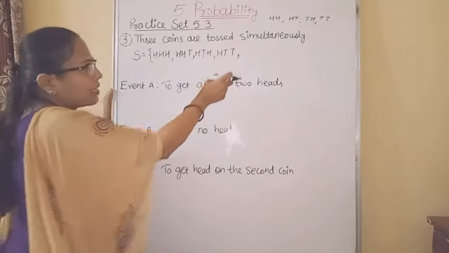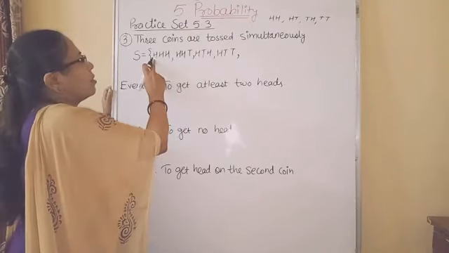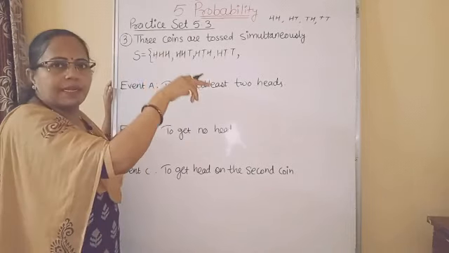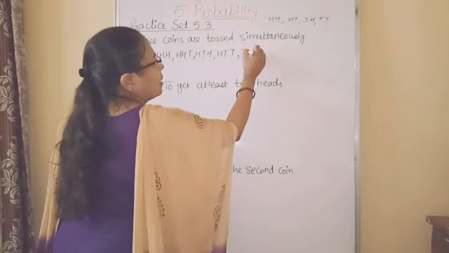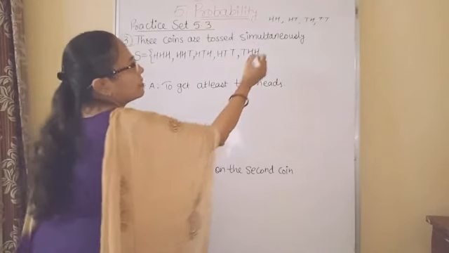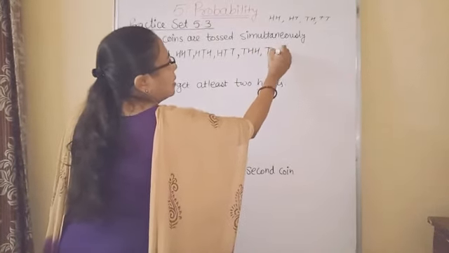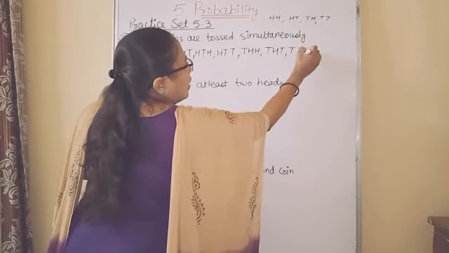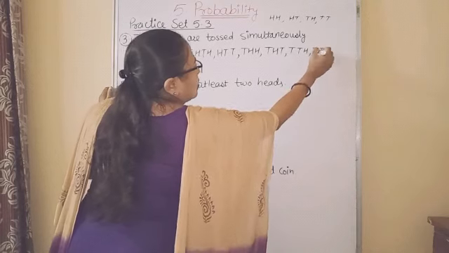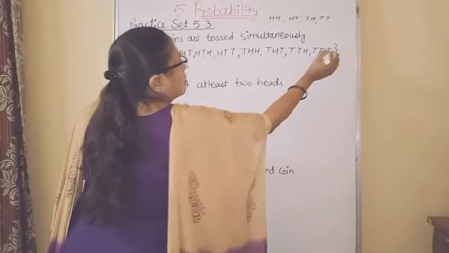Now the same results again we have to carry. Instead of H, we have to write T there. So the first result we will get THH. Second result THT. Third result TTH. And the last one is TTT.